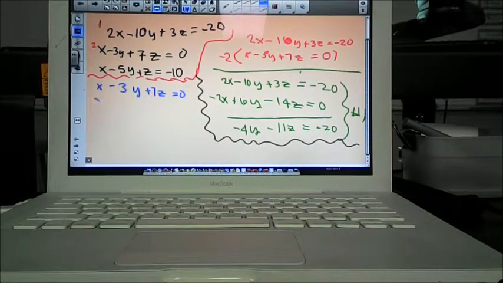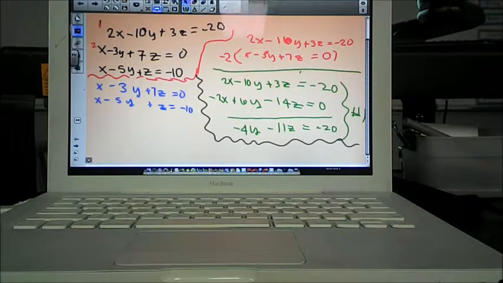And then x minus 5y plus z equals negative 10.